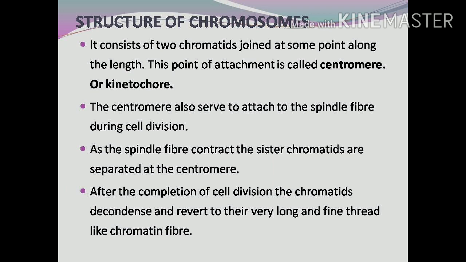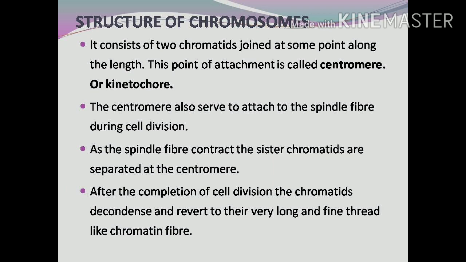As the spindle fiber contracts, the sister chromatids are separated at the centromere, and each is pulled away from the other towards the two poles of the dividing cell. You will study this in detail in cell division. After the completion of cell division, the chromatids decondense and revert to their very long and fine thread-like chromatin fibers.